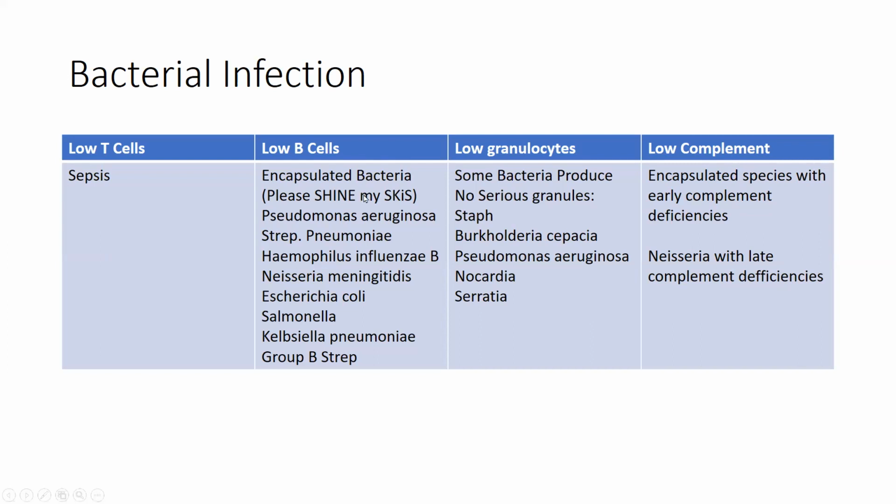So a good mnemonic for encapsulated bacteria is "please shine my skis": Pseudomonas, Strep pneumoniae, H flu B, Neisseria meningitidis, E. coli, Salmonella, Klebsiella, and Group B strep. This is a list of encapsulated bacteria that have capsules, and it would be a good list to put to memory.